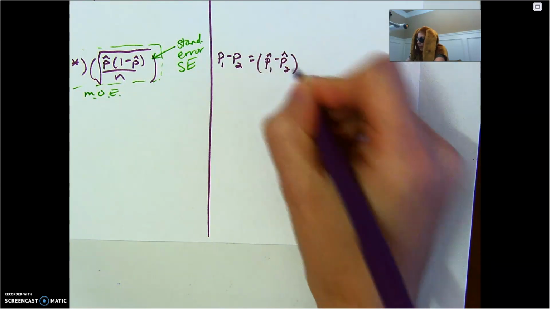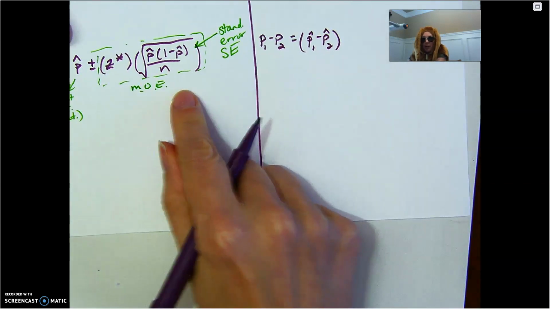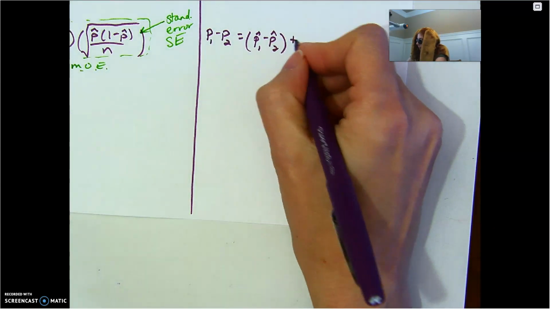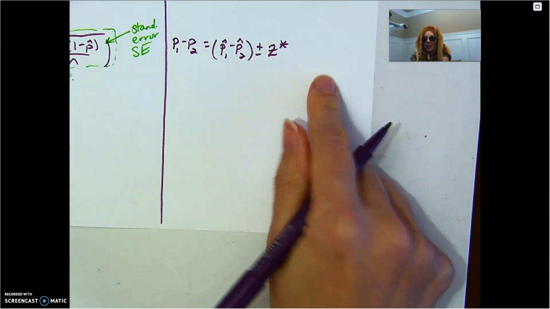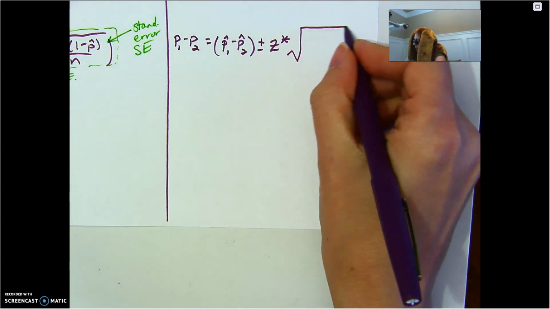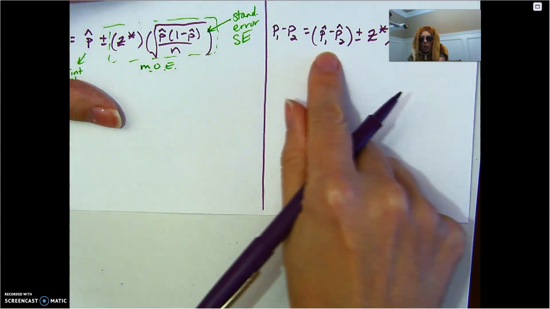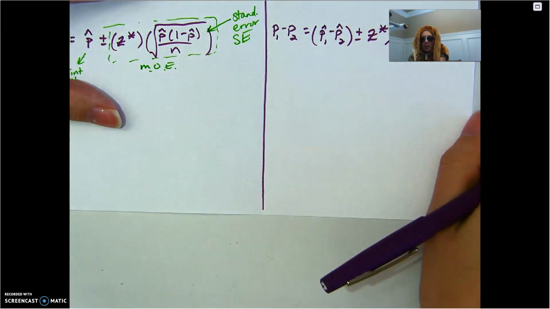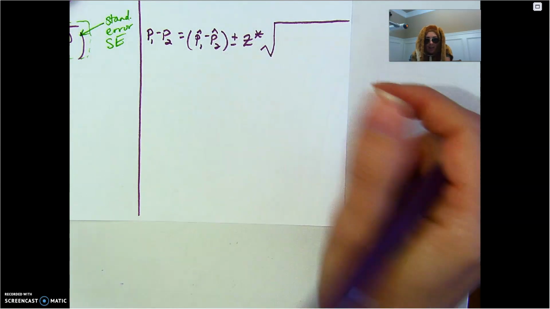We want to know the difference between our two samples that we took. Then it's time for the margin of error, plus or minus. You still use z star, and this is going to be even bigger than that one because we have to squeeze in two of these p hats instead of just a single p hat. So hopefully you didn't write too large and we can make it fit in here.